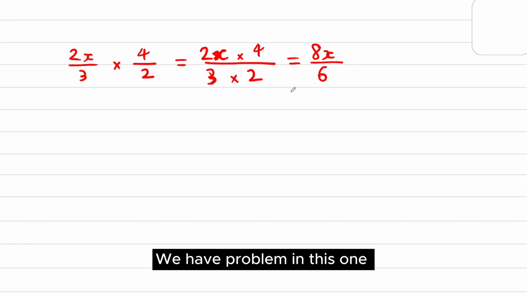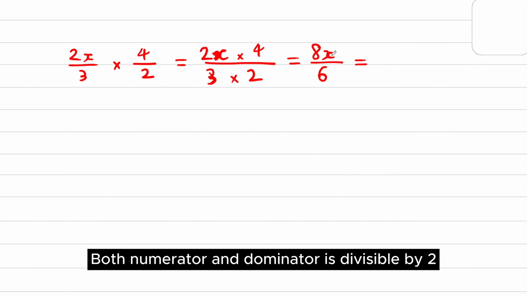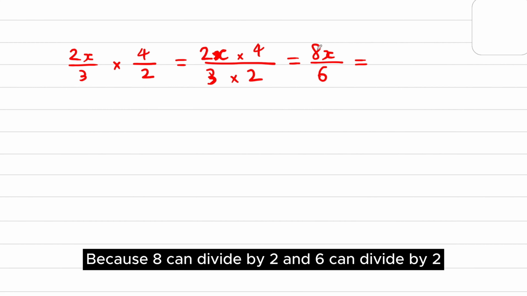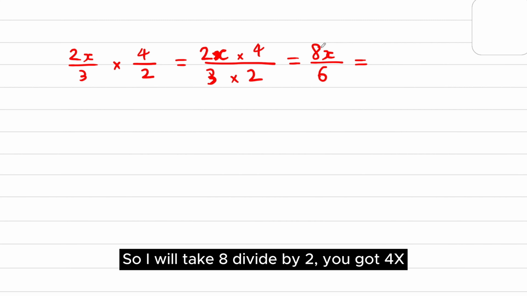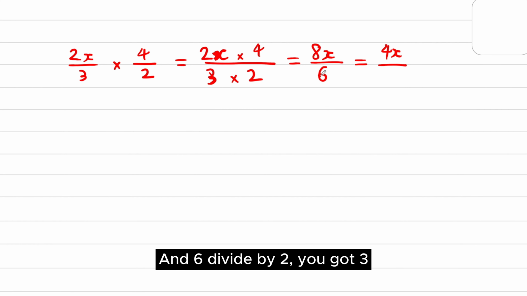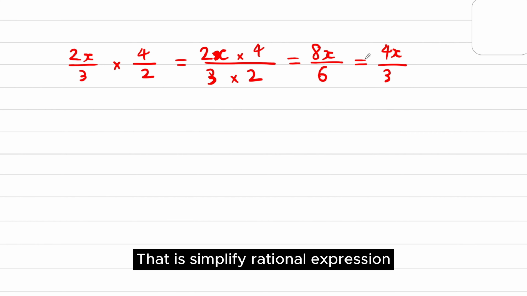Okay, we have a problem here. In 8x divided by 6, both numerator and denominator are divisible by 2, because 8 can be divided by 2 and 6 can be divided by 2. So 8 divided by 2 gives 4x, and 6 divided by 2 gives 3. That is the simplified rational expression.